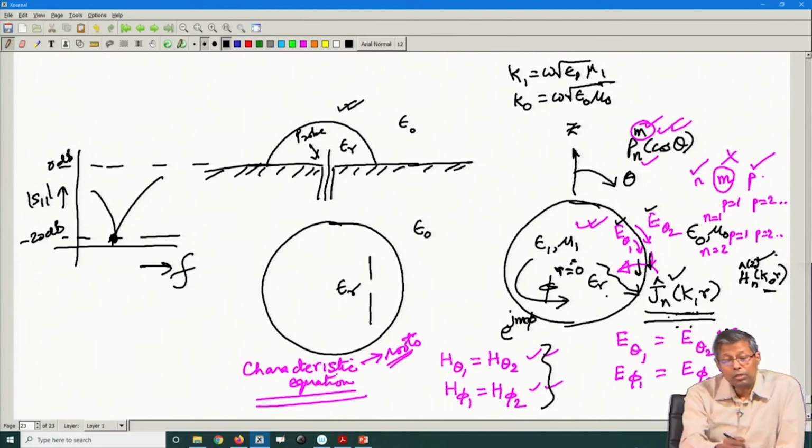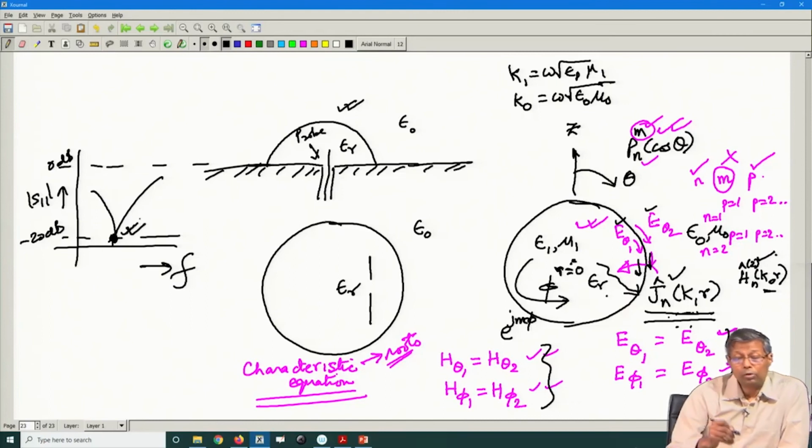Using the source free resonance we can know the particular mode which is responsible for this resonance, and if we know the mode we can better design our probe or our exciting structure to better couple to that mode.